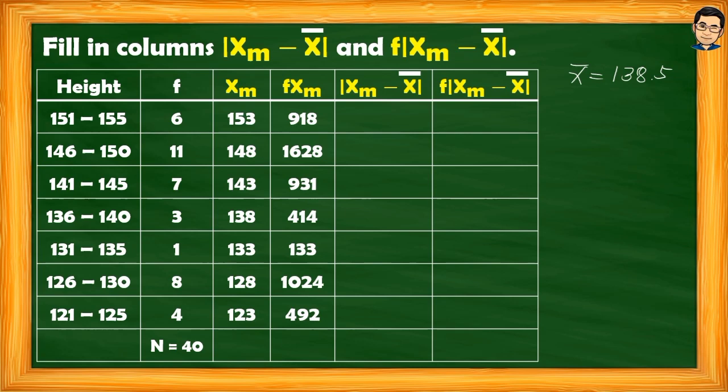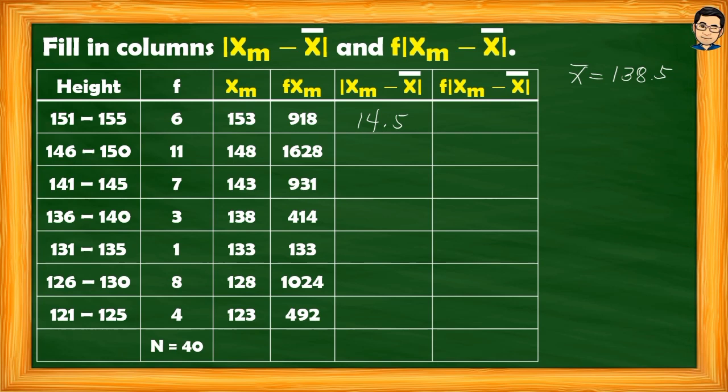And then, kukunin natin yung absolute value. Okay, so ibig sabihin, wala tayong makukuhang negative dito kasi absolute value nga. So first, 153 minus 138.5. And that is 14.5. And then the absolute value of 14.5 is 14.5.